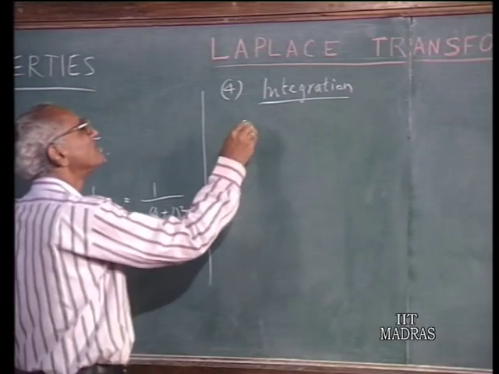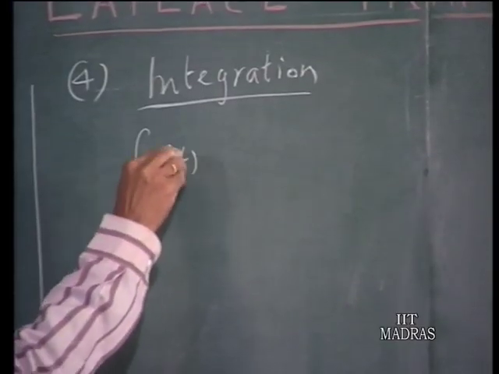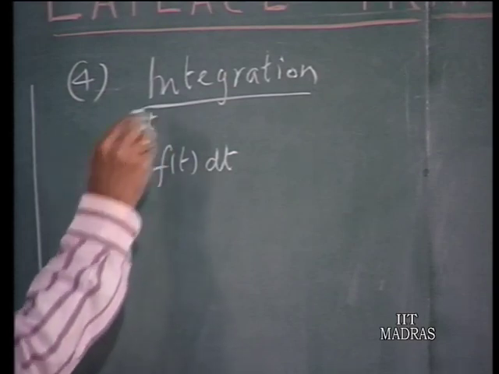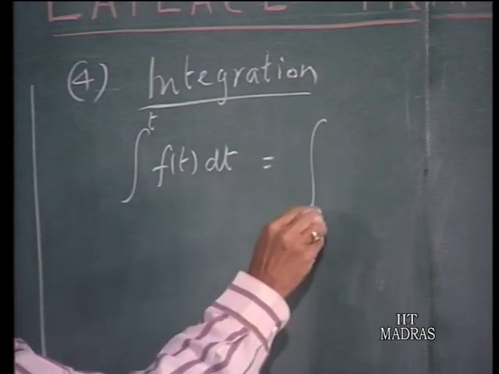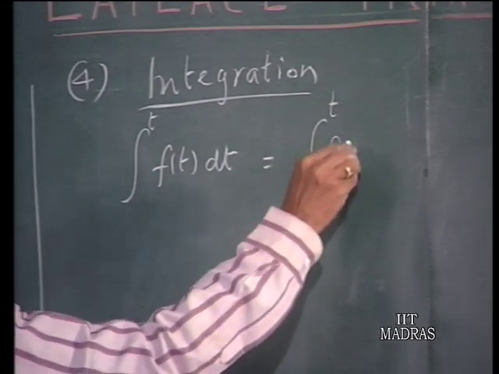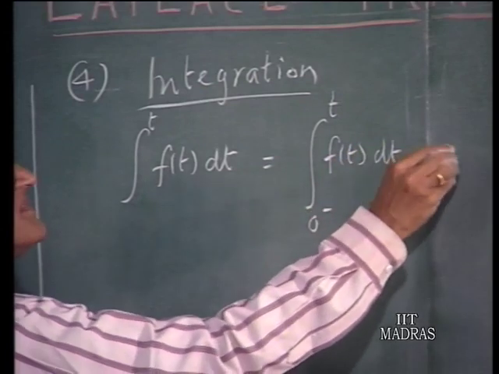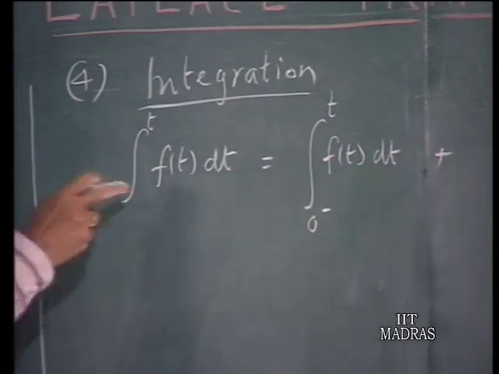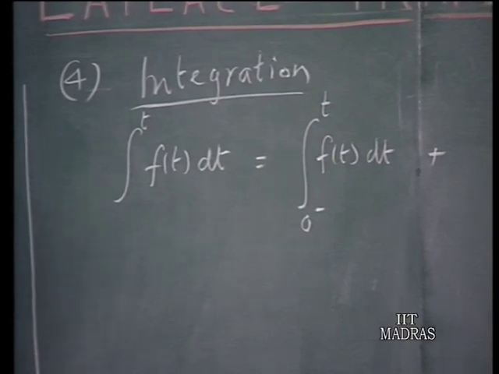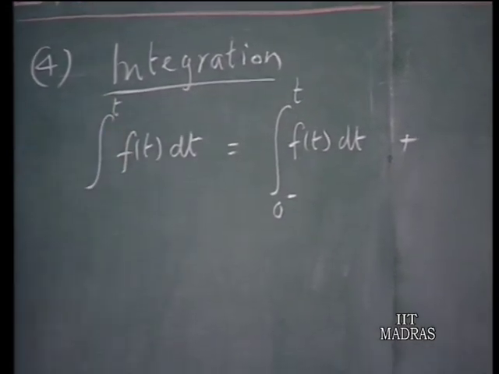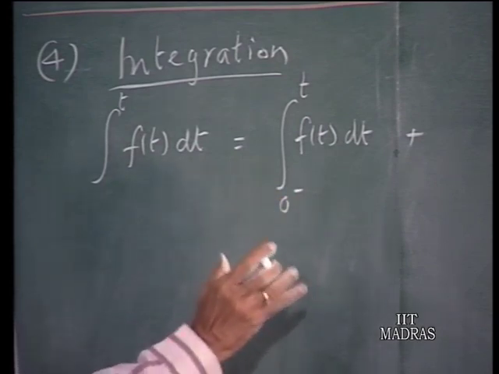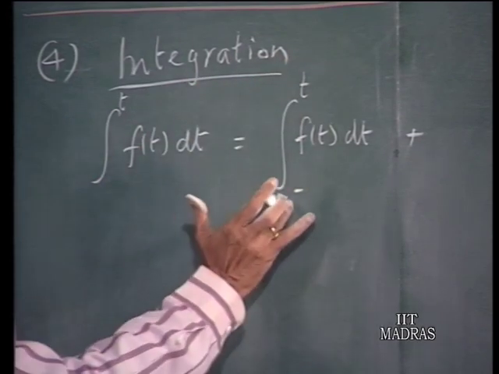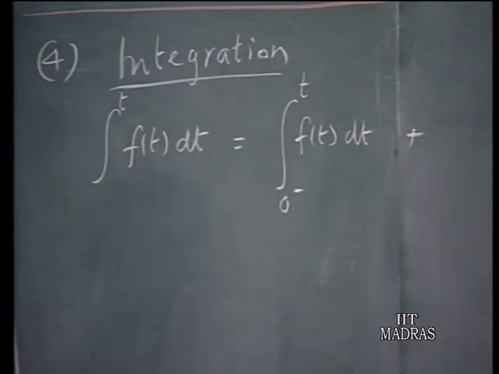Let me consider the integral of f(t) dt in indefinite form, which we can always regard as the integral from 0 minus to t of f(t) dt plus, suppose this f(t) is a current, then by integrating you get the charge. So we often find it convenient to consider the charge as a function of time t as the initial charge plus the additional charge that is carried by the current in the interval 0 minus to t.